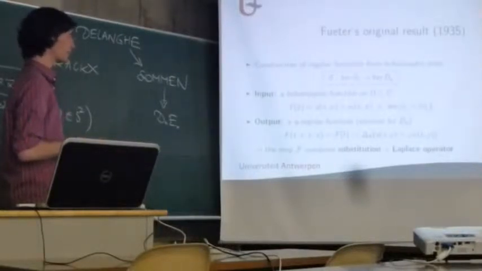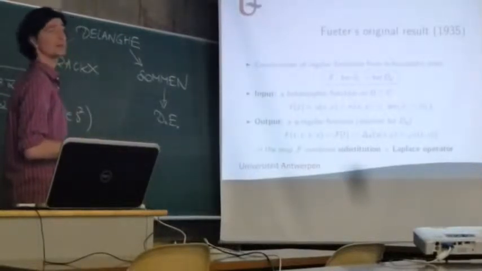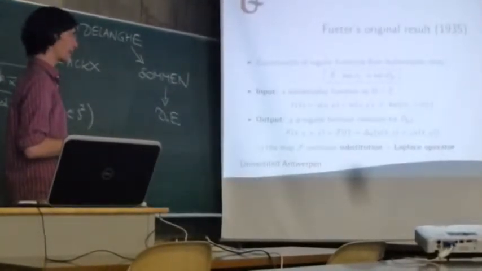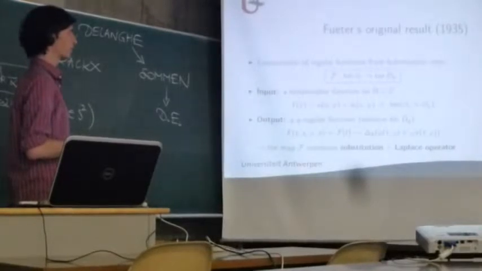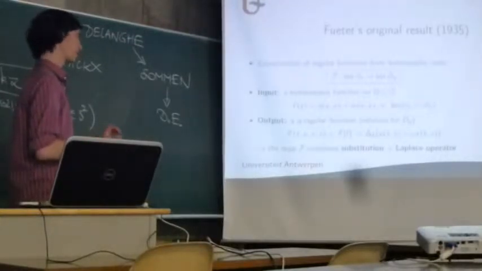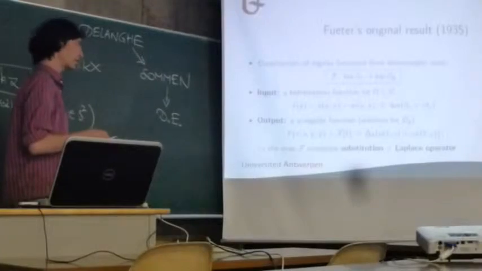Well, the input is a holomorphic function in the complex plane, mind you. So it's f of z. So z is a complex number, x plus iy. So it consists of a real part and an imaginary part, f of z. So it's in the kernel of this Cauchy-Riemann operator, a holomorphic function. The output of the map is a Q-regular function.